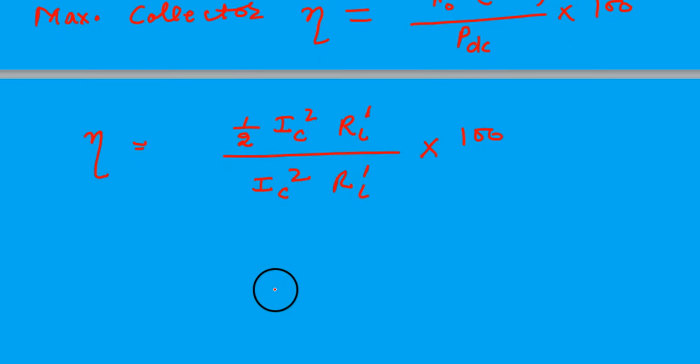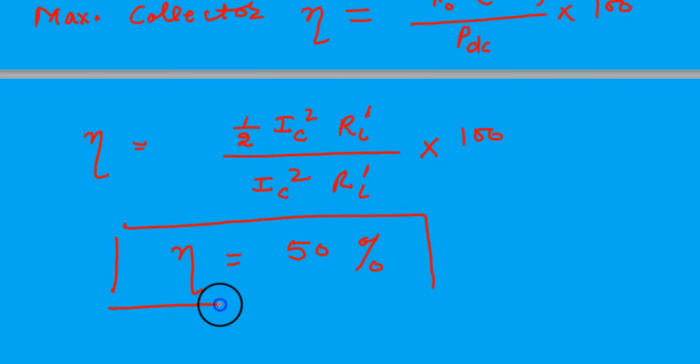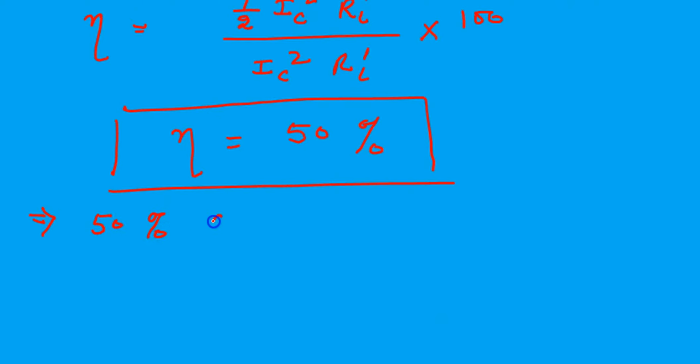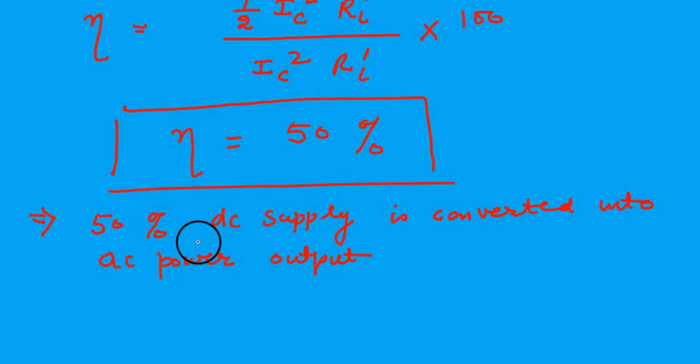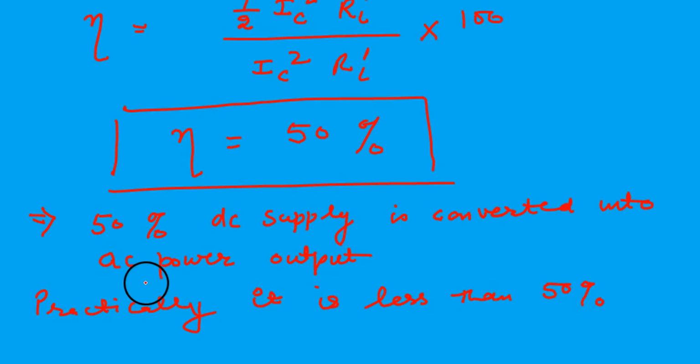Now RL dash cancels out and the efficiency becomes 50% with transformer. This is a good attempt. That 50% of the DC supply is converted into useful AC power output. Practically, the efficiency will be somewhat less than 50%, but even then it is good.